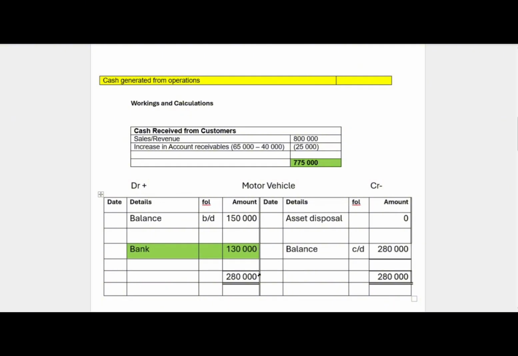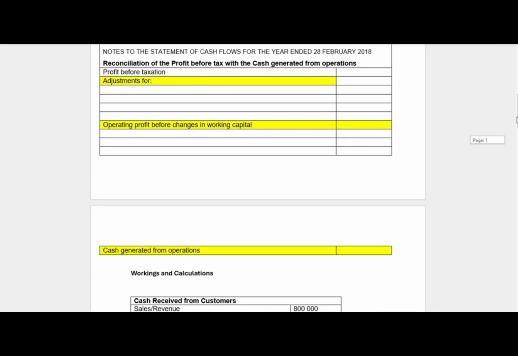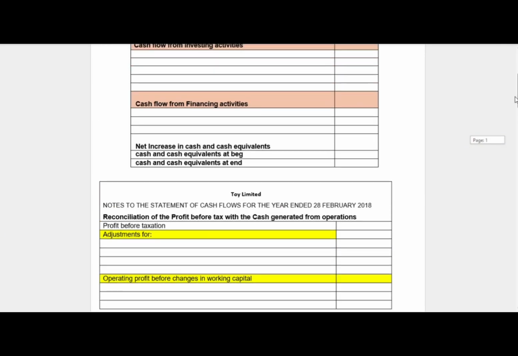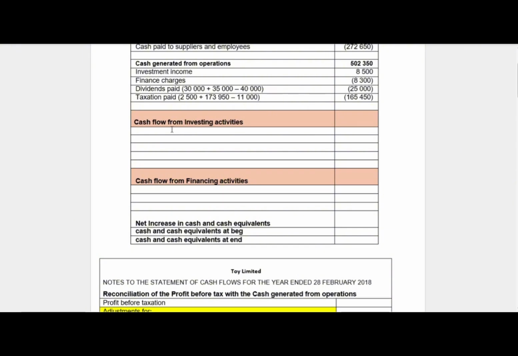So let's just go up there to the cash flow and record this one quickly without any waste of time. Under cash flow from investing activities, we're going to say increase in motor vehicle, right?